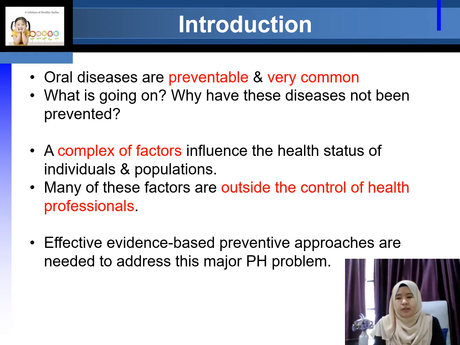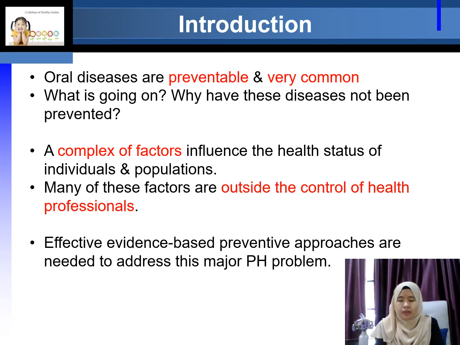As we know, oral diseases, for example dental caries and periodontal disease, are preventable, and they are very common. So what is going on? Why does this disease still happen? Why is the prevalence still high? It might be because the etiological factors for this disease are very complex, and they influence the health status of individuals and populations.